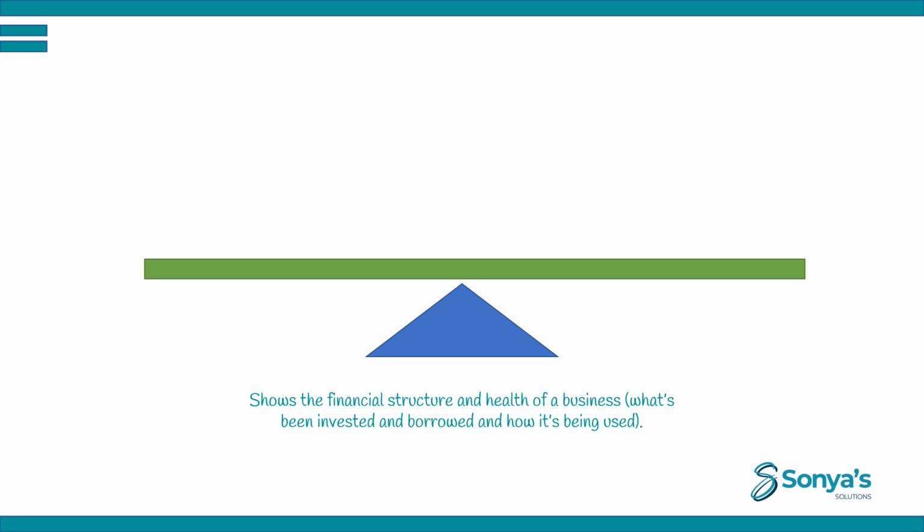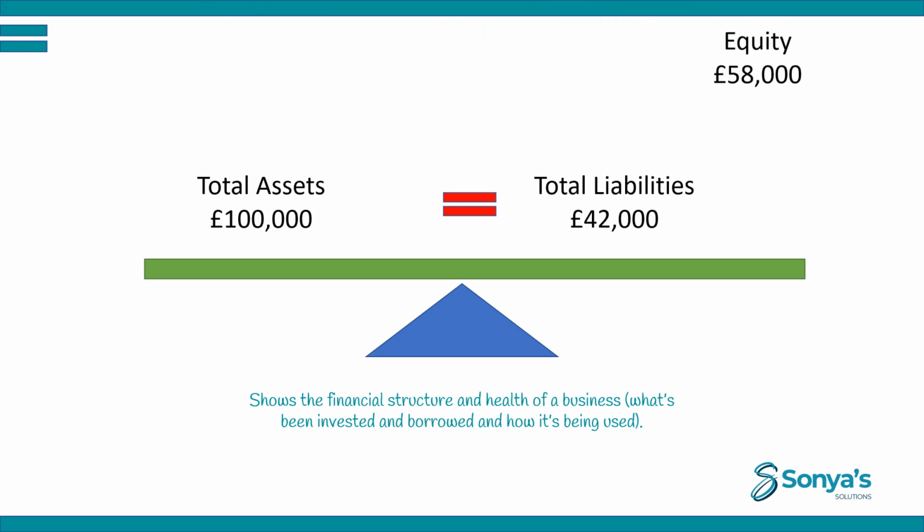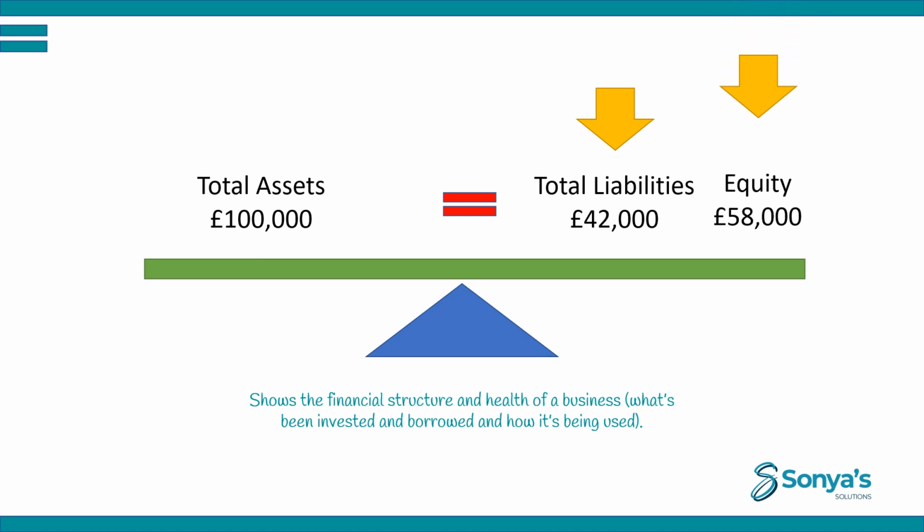In a double entry bookkeeping system, the total of the business's assets will always equal the total of its liabilities. The liabilities section shows where the money is coming from, investors, bank loans and other forms of borrowing, or buying using credit, and the assets section shows how it is being used.